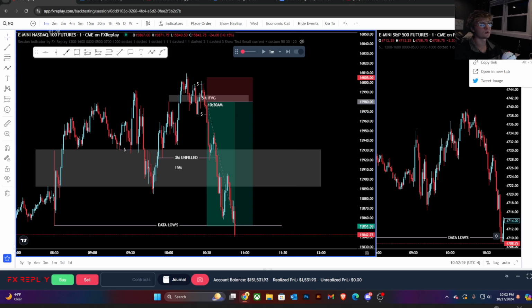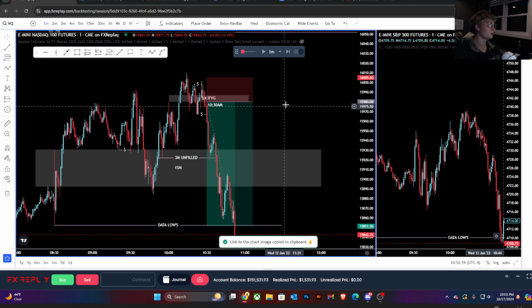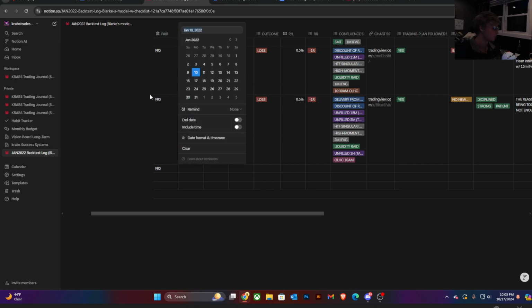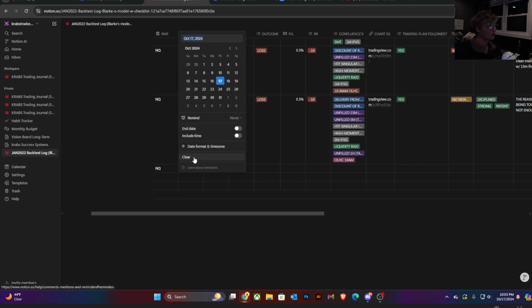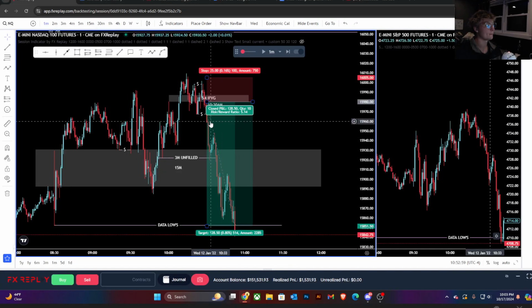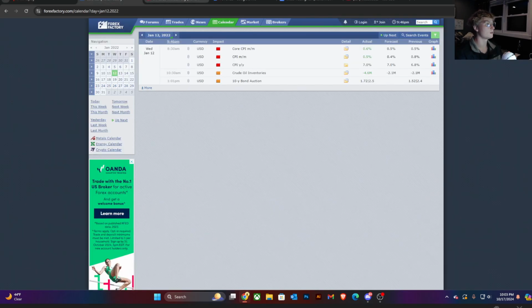And yeah, let's journal this. So yeah, this trade right here just paid for all the L's that we took before. So yeah, this is why RR is pretty important. And also closing partials, stuff like that. This was on Wednesday the 12th.